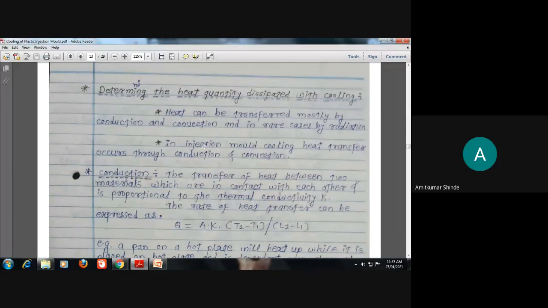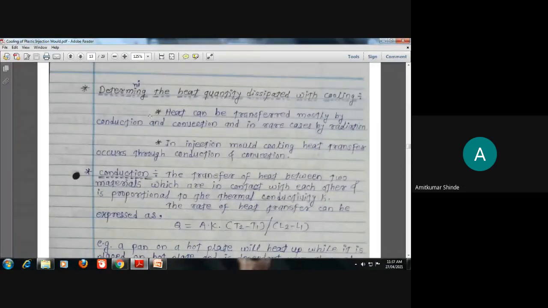Generally, heat transfer can take place by conduction, convection, and radiation also. But in our case, in the cooling of the plastic injection mold, heat transfer occurs through two modes only. The first mode is conduction, and the second mode is convection. In these two modes, heat transfer will take place.